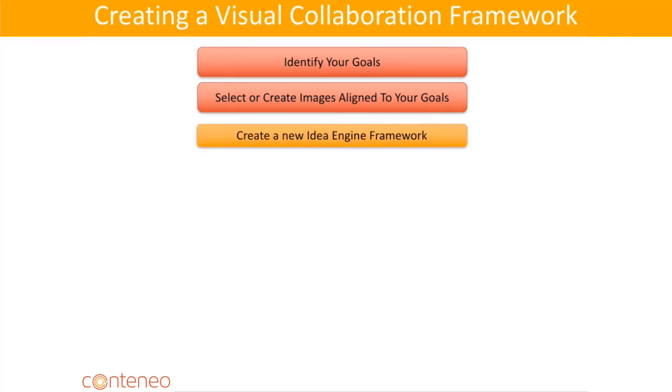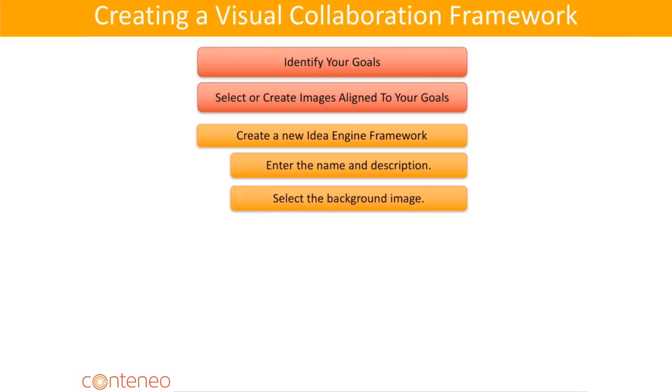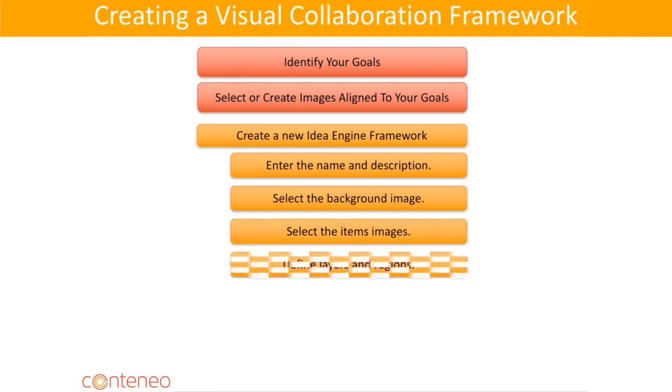I'm going to create a new idea engine framework, and once I've created my new framework, I'm going to go ahead and name it and describe it. I'm going to select, in this case, and upload the background image. I'm going to select the item images that are appropriate to add to that image. I'm going to create my regions and region groups and layers.